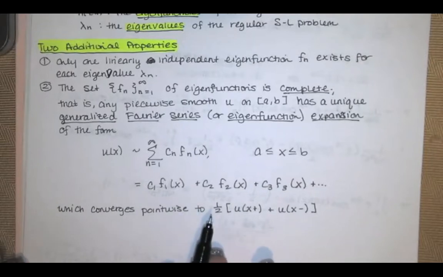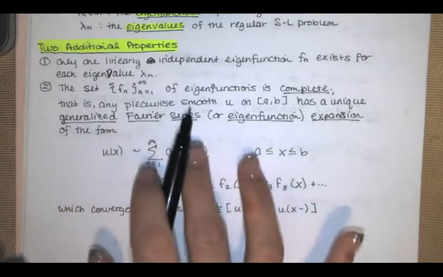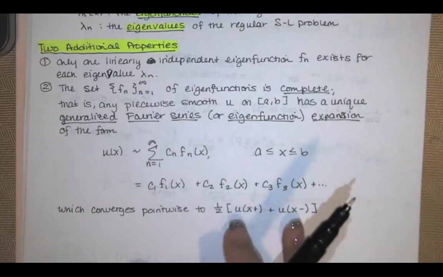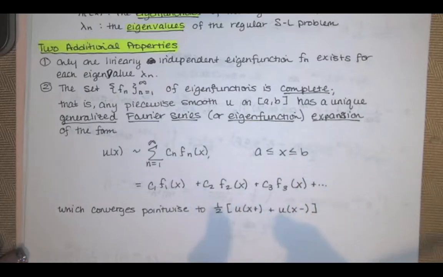So this is just saying that if we do have a piecewise smooth function, that means it's going to have a finite number of jump discontinuities on the interval from A to B. And anywhere where it's discontinuous, this series will converge to the average of the limit from the left and the right. And that's what that notation tells us.